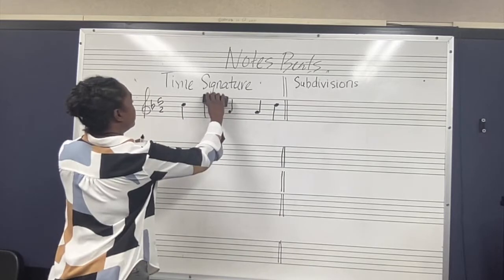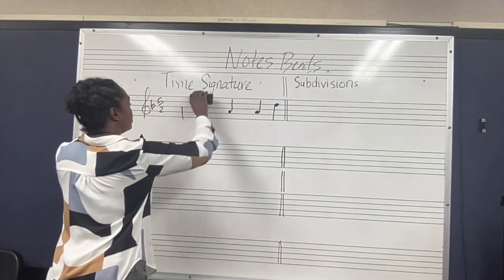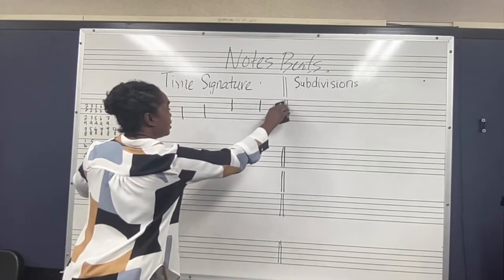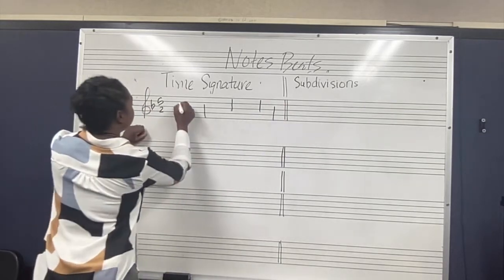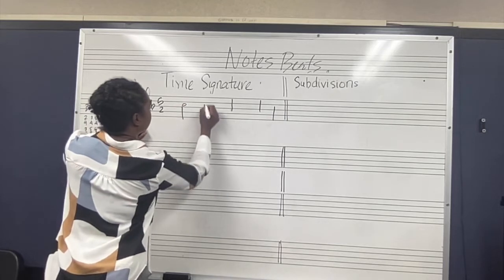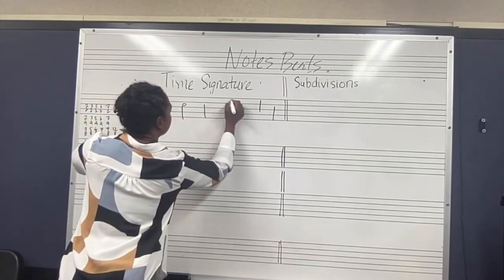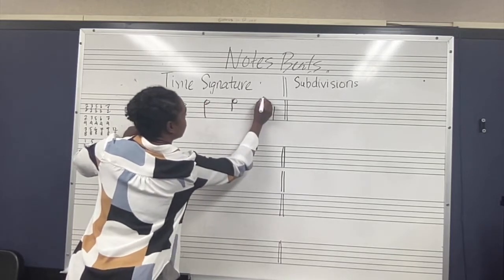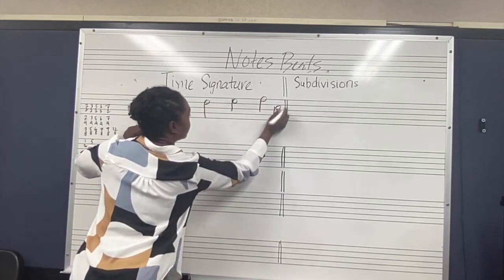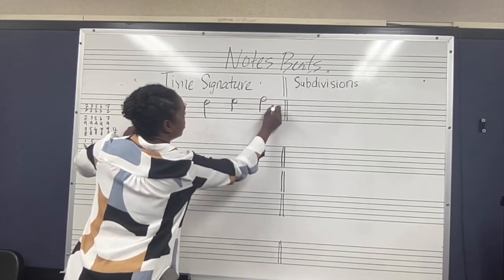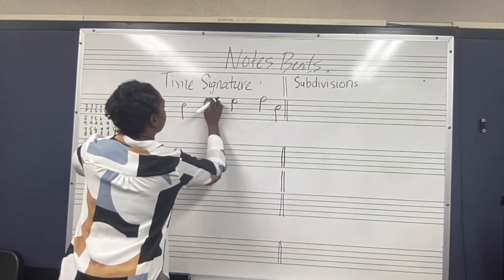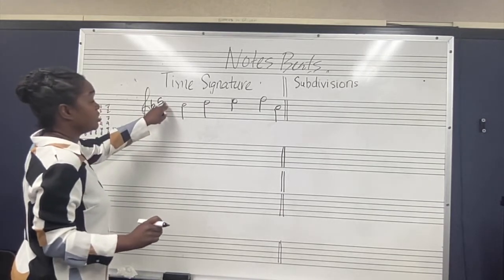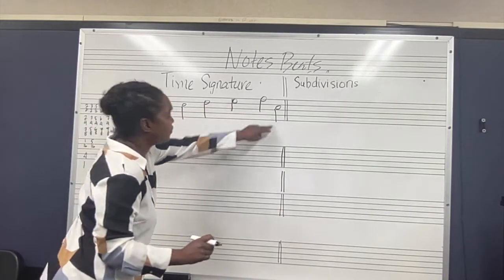Well, we know that 2 tells us we're working with what type of note? That's right. If you said a half note, you were absolutely correct. And there are 5 because on the top it tells us 1, 2, 3, 4, 5.